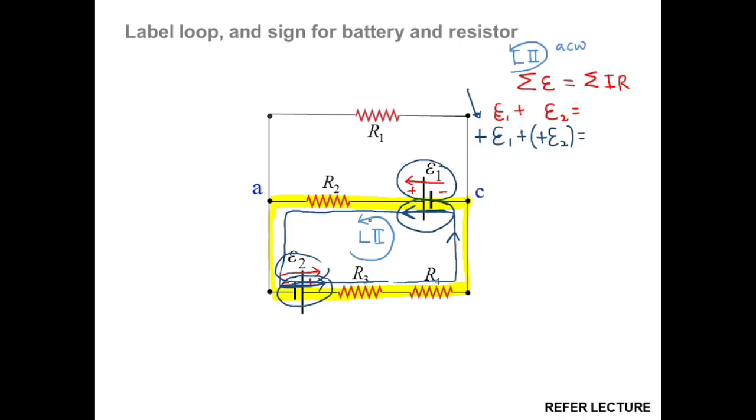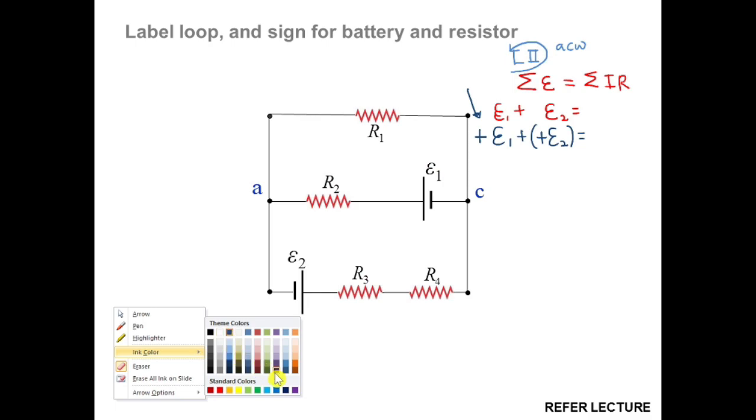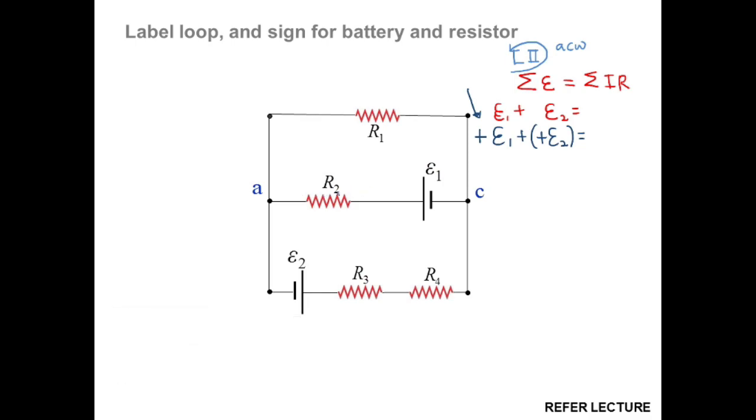Okay, let's see what happened to the resistor. The current flow in the resistor depends on our label. For example, we label current number 1 in the first Kirchhoff law. Let's say current number 1, current number 2, current number 3.